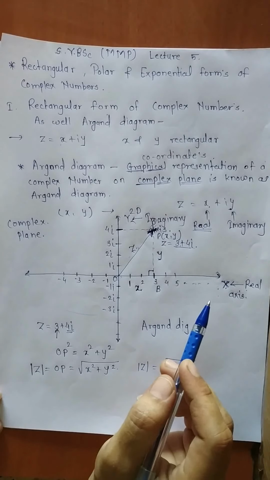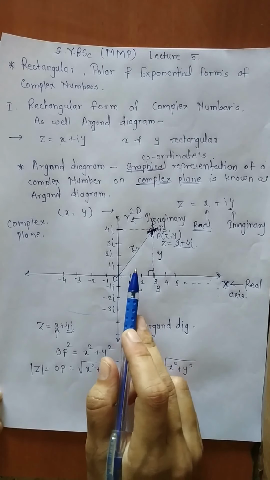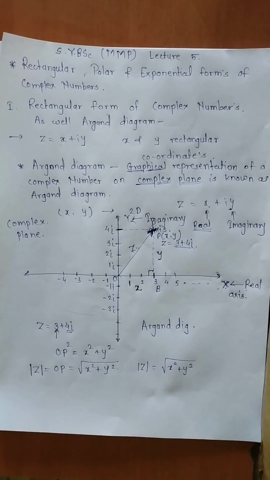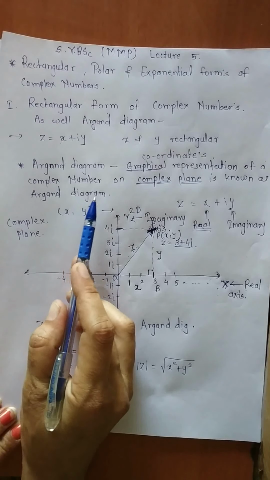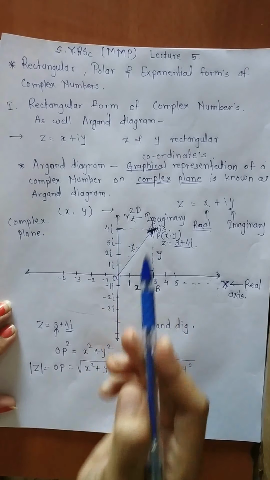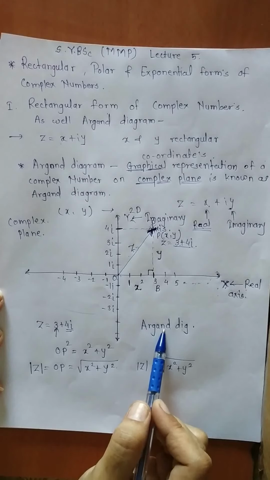Now the point on the x-axis will have only real values and the point on the y-axis will only have the imaginary part. So this is nothing but the rectangular form of a complex number, and this diagram is also called an Argand diagram.